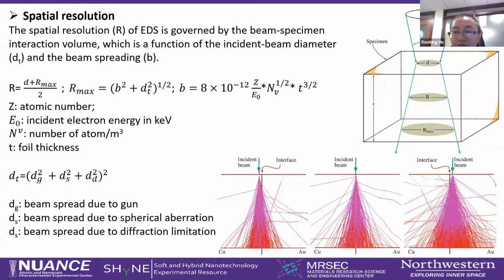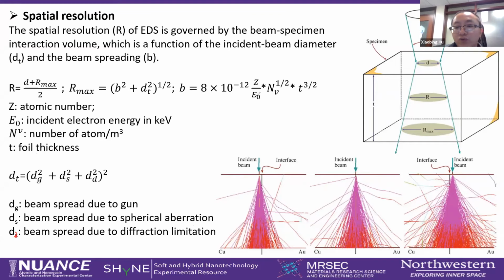Yes, thank you. So, you do not need to remember this. DD is related to the diffraction limitation. You do not need to remember this formula, but you need to know which factors determine the spatial resolution. The main thing you need to consider is the beam spreading.